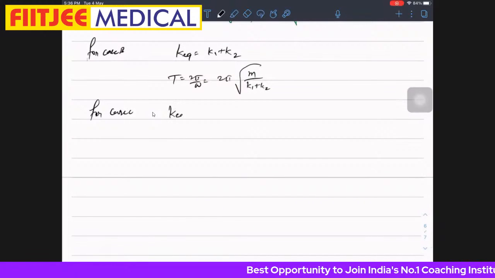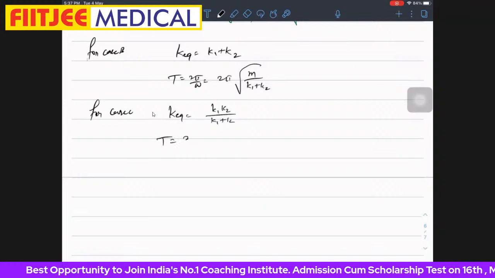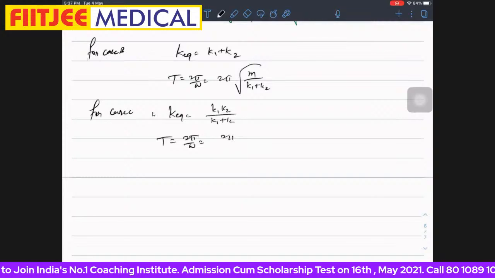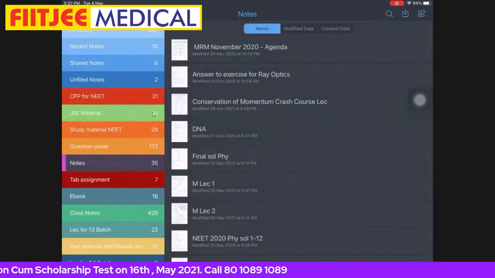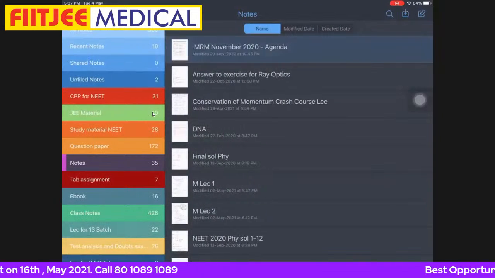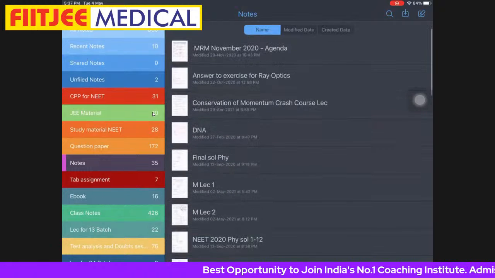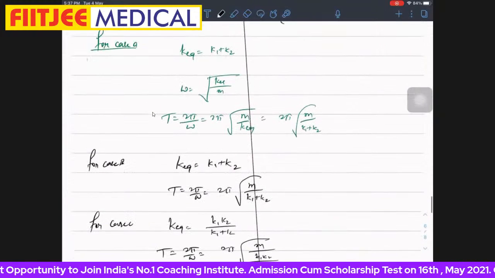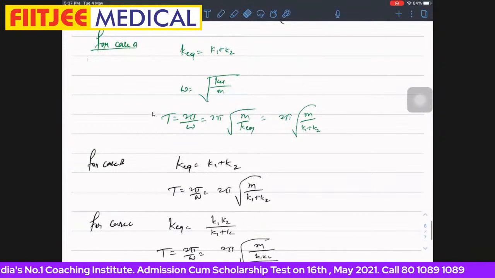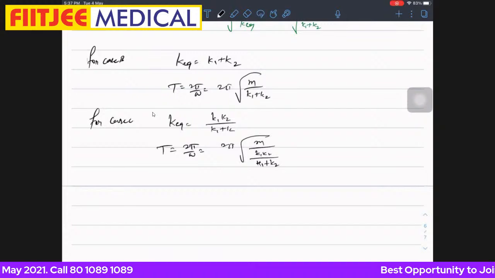So in case C, the K equivalent will become K1 K2 by K1 plus K2. So the time period I can write 2 pi by omega, so 2 pi into root under m by K1 K2 by K1 plus K2. So this is the thing.